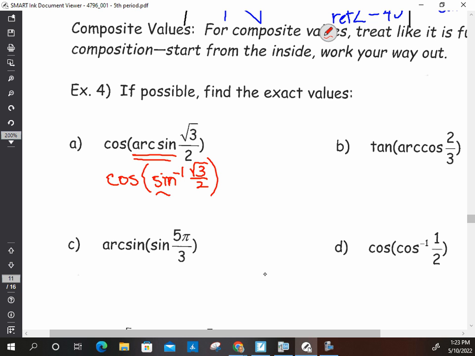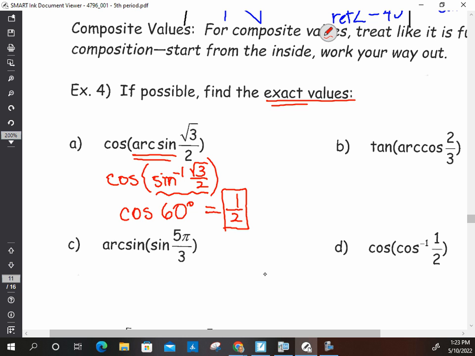So if we start from the inside, sine inverse of square root 3 over 2 gives you what? 60. And then you do cosine of 60, which is 1/2. So if possible, find exact values.